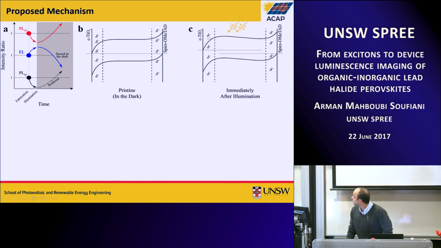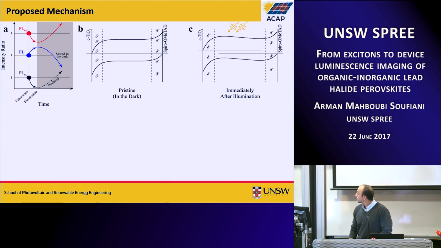Right after illumination, you have a negative field at the central part of the device in the perovskite because you don't give the ions enough time to move away from the contacts. But over time, the photovoltage induced by the generation of the carriers upon illumination causes the ions to diffuse away from the contacts.